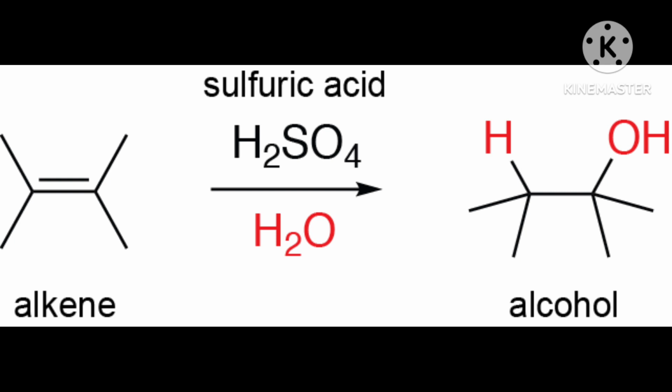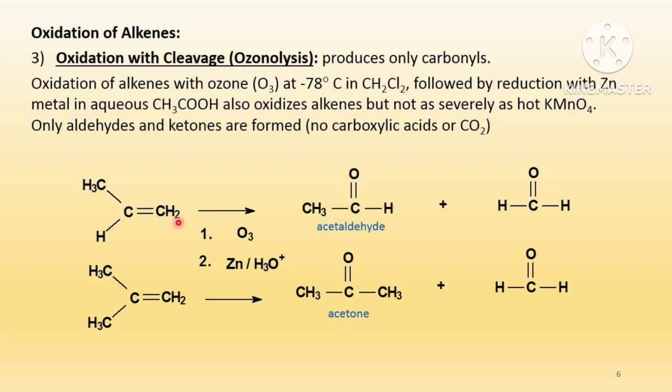Baeyer's reagent, an oxidizing agent, will supply oxygen. Remember, when you do oxidation of alkene, the alkene will oxidize, which means oxygen is going to be added. Then what will it form?